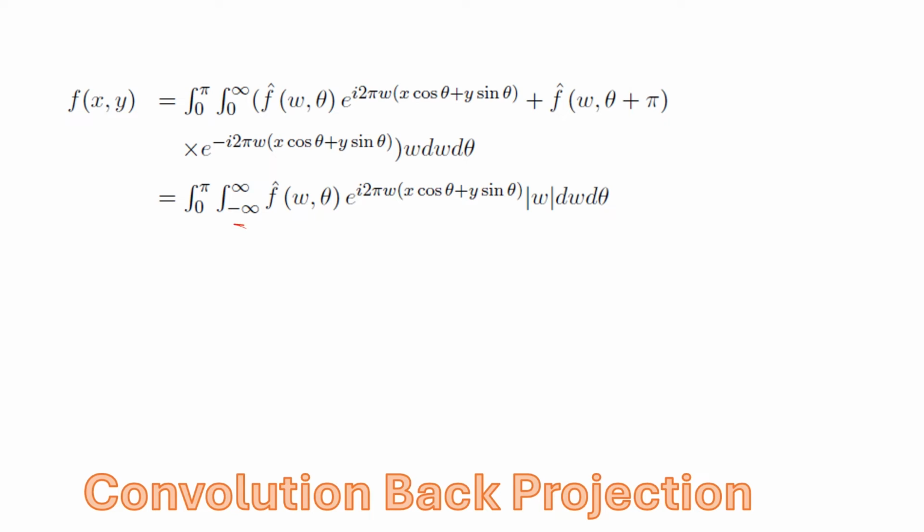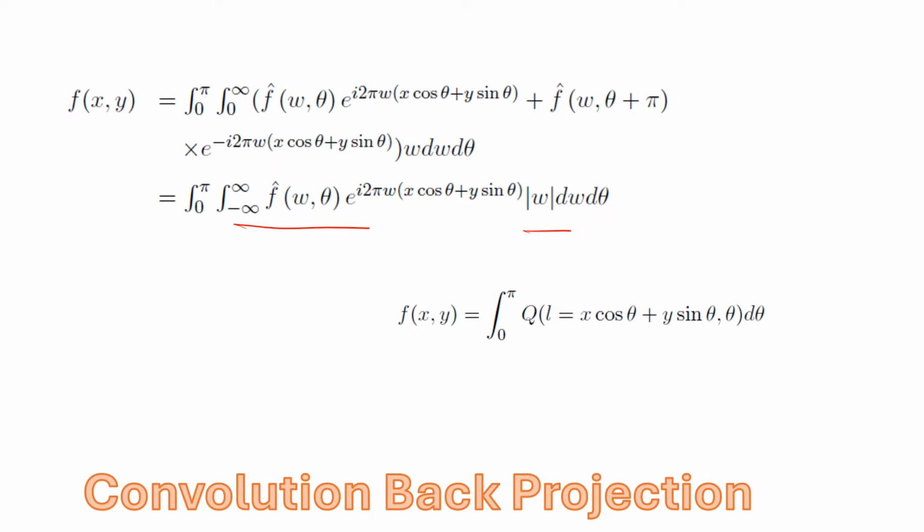So this is just f is equal to, of course, its own inverse Fourier transform. But if we express that inverse Fourier transform in angular coordinates instead of xy coordinates, we get this form, and there's this weighting function magnitude of w, which naturally comes into the cylindrical coordinates that we're evaluating this Fourier transform in.